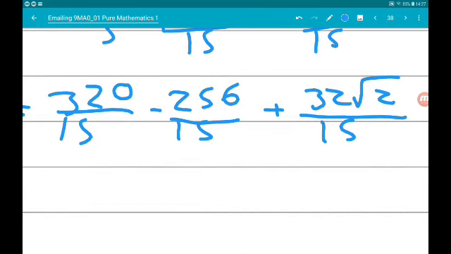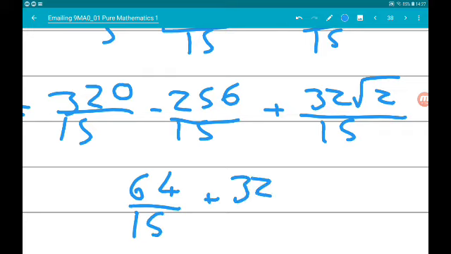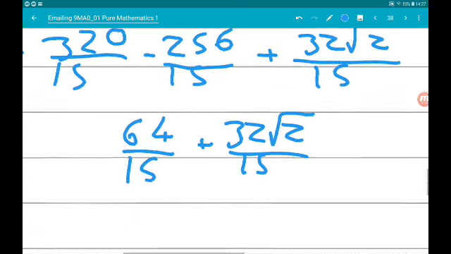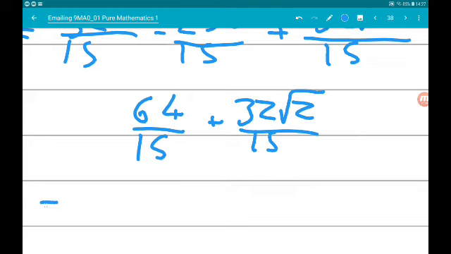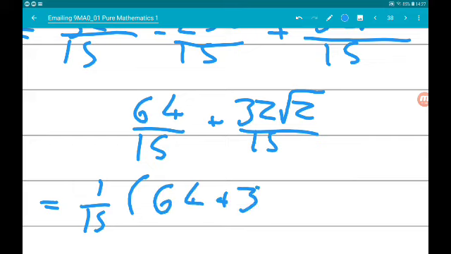So 320 minus 256 is 64. So we got 64 15ths add 32 root 2 over 15. So we got a common factor of 1/15, 1/15 of 64 add 32 root 2.